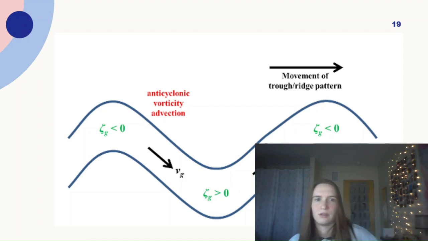I hope so. Otherwise, I would draw on the board if I was in class. This is, again, an idealized example. In the real world, geostrophic vorticity advection can result in amplification or de-amplification of that trough ridge pattern. But in general, the geostrophic vorticity advection term is chiefly responsible for the trough and ridge movement, as I've just shown you. All right.